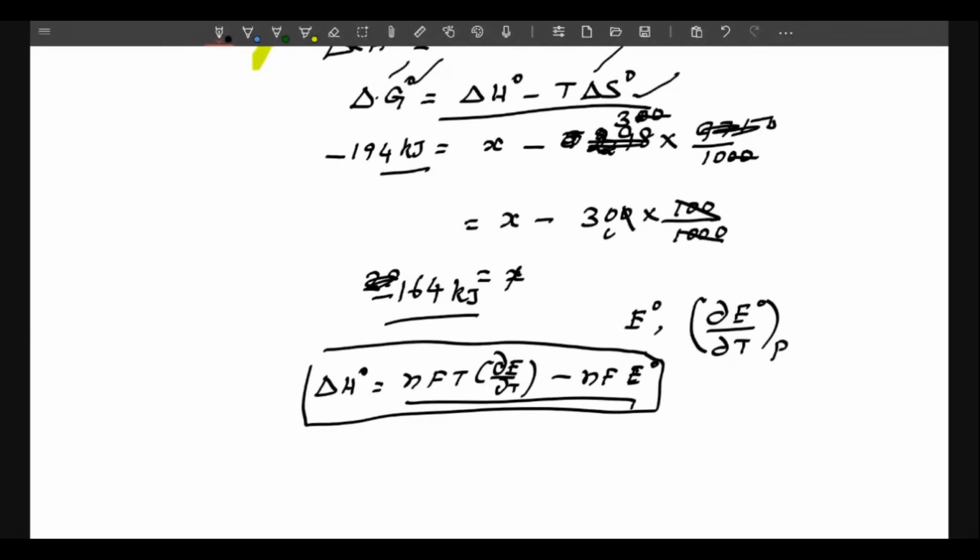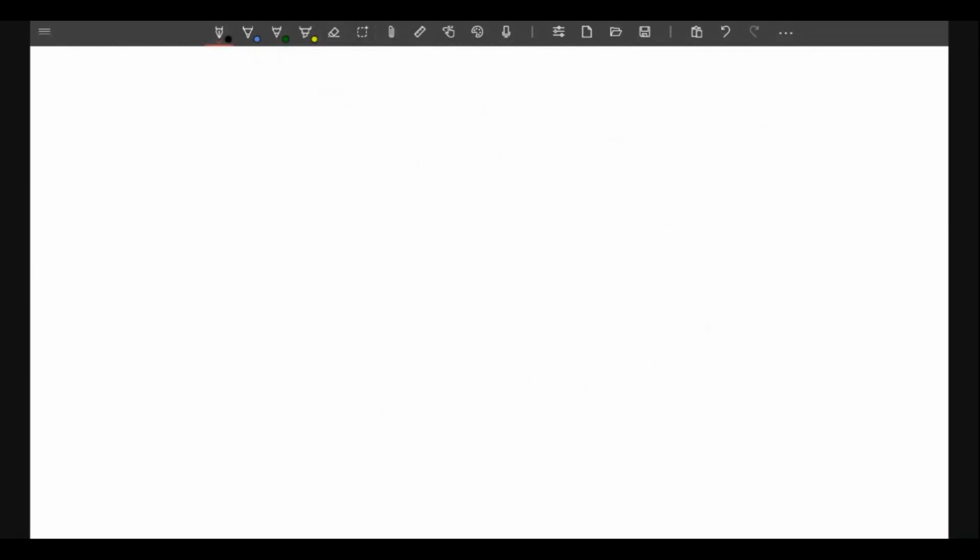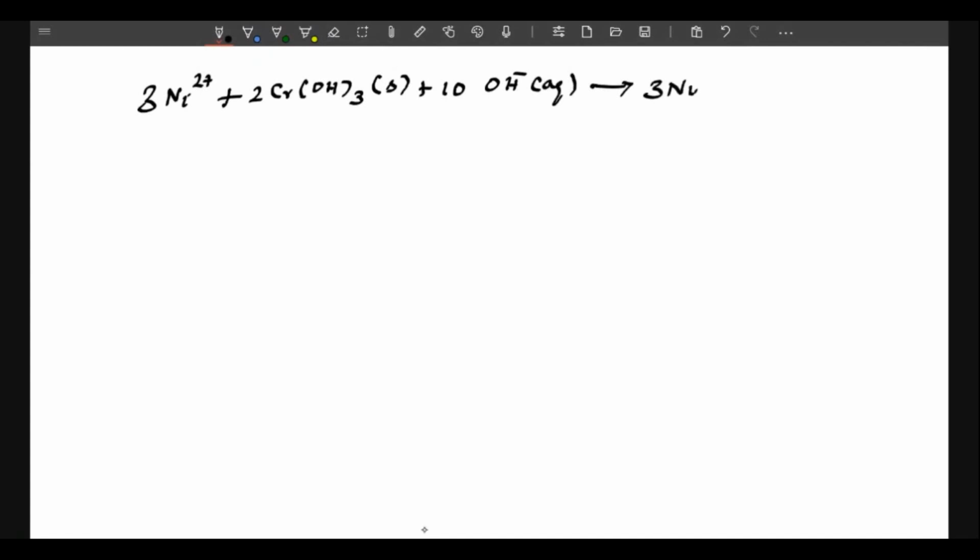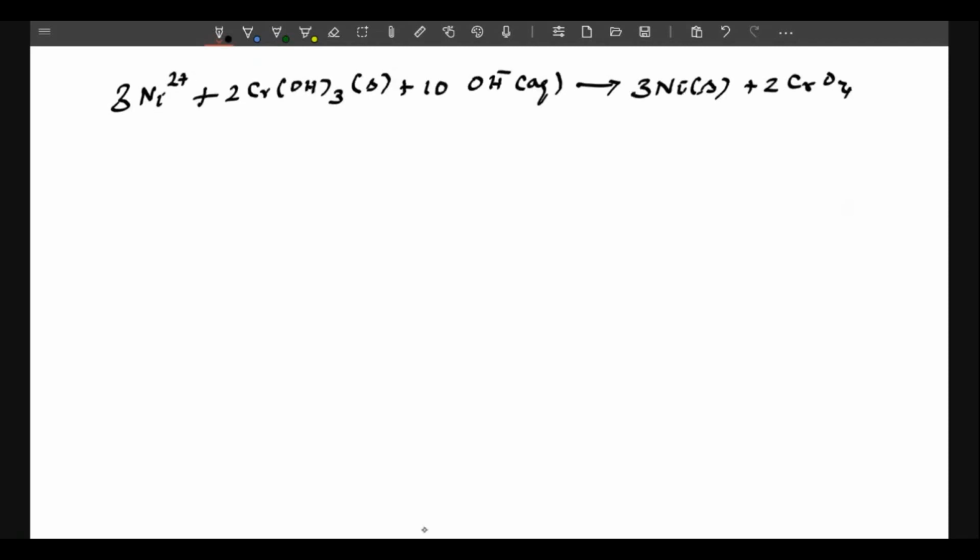For the reaction 3Ni2+ plus 2Cr(OH)3 solid plus 10 OH minus aqueous, giving 3 Ni solid plus 2CrO4 2 minus aqueous plus 8H2O liquid, delta G naught is equal to 87 kilojoule per mole.